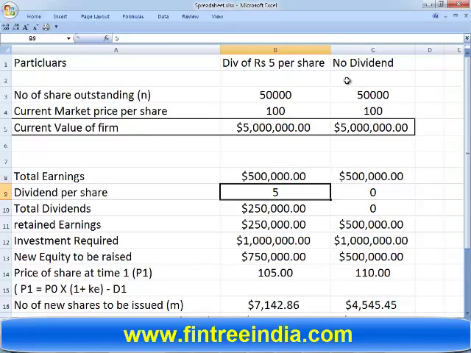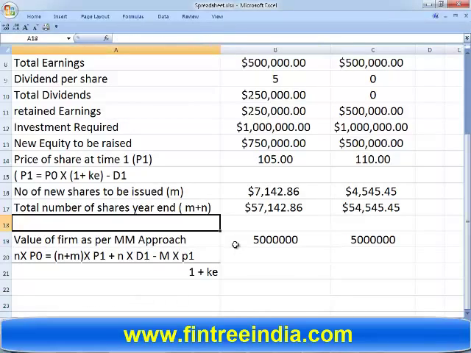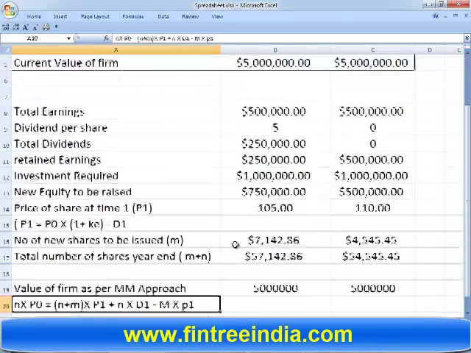So which means we've just said 105 plus 5 divided by 1.1. That's what the whole formula is. Are we good to move? It's just that the presentation is important here, so you should be able to present it in a neat fashion.